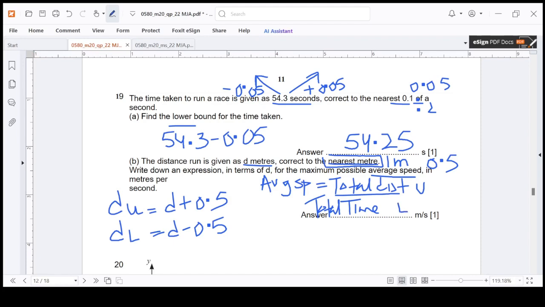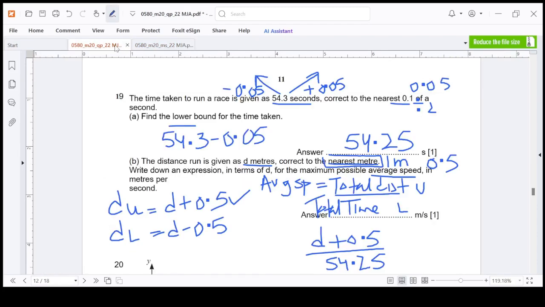So the total distance has to be the upper bound, d plus 0.5, and the time has to be the lower time, which we already found. It was 54.25.